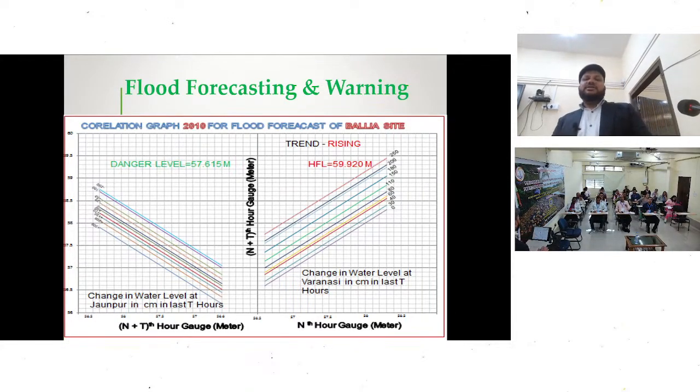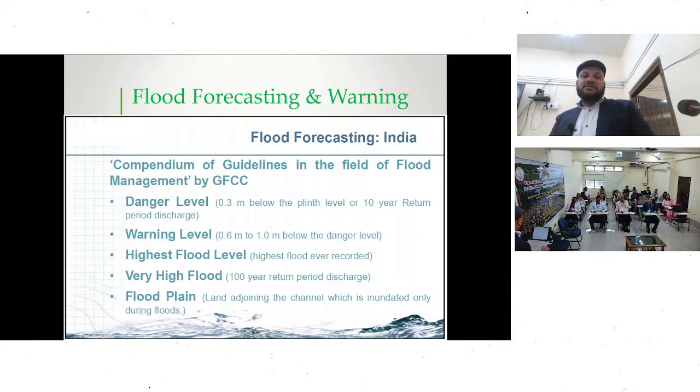These are correlation graphs of flood forecasting at one site, and these are the main flood forecasting terms: danger level, warning level, HFL, and very high flood, which is the 100-year return period, and flood plains.